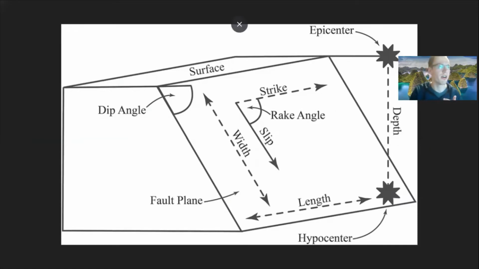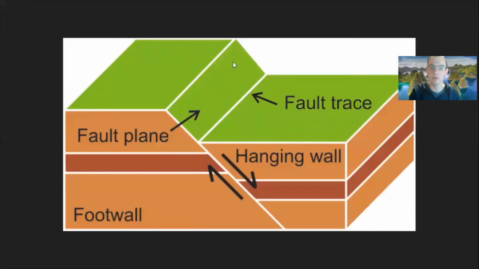First and foremost, let's clarify that all these terms we're going to be talking about when describing this earthquake and these faults refer to what we call the fault plane. This is an imaginary two-dimensional surface that is the interface between those two plates that are coming together.